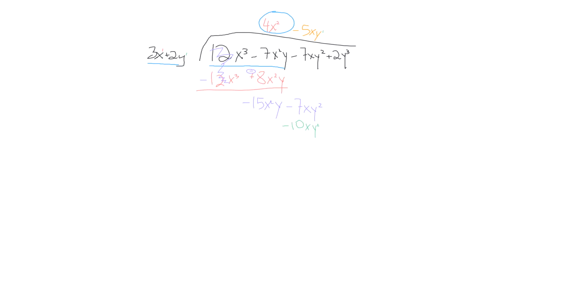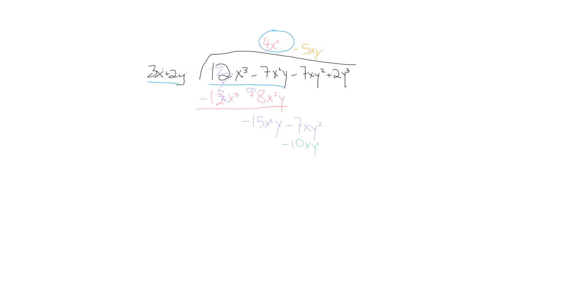Minus 5xy times 3x. Minus 5 times 3 is minus 15. X times x is x squared. Y times nothing, it's just y.